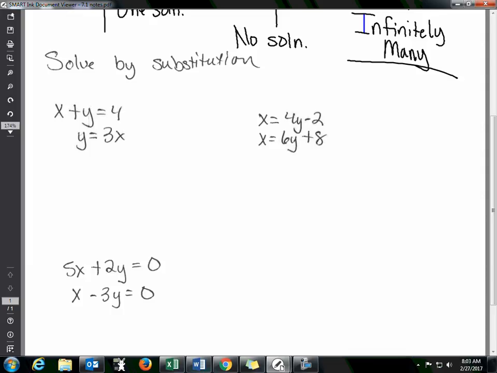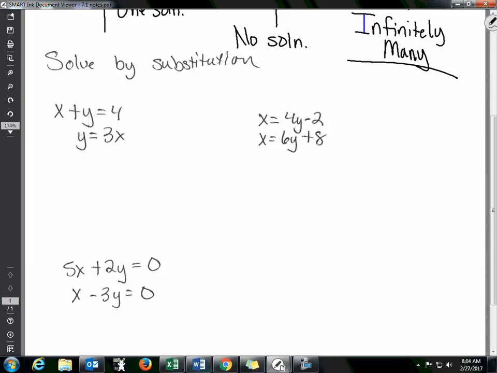So I'll tend towards this method over some of the other methods that may be a little bit faster, just because I know I can turn out an answer real quick. That's just me. You need to find what works for you. Once we've gone through all these, we'll practice determining which method would be the best and solving those at a later point. But today we're just working on substitution.